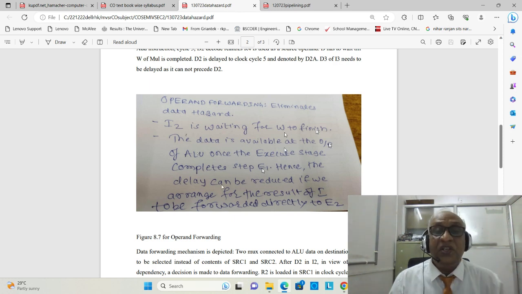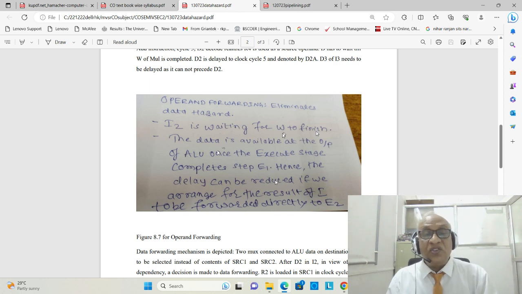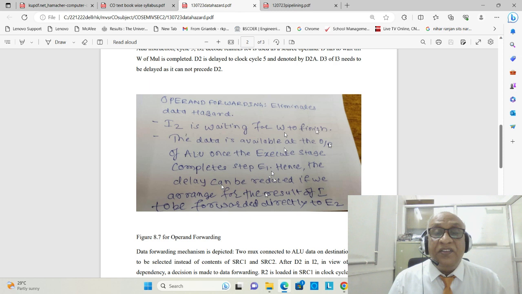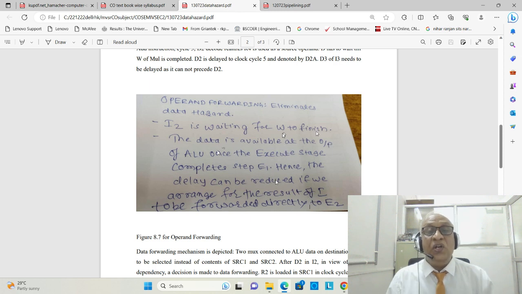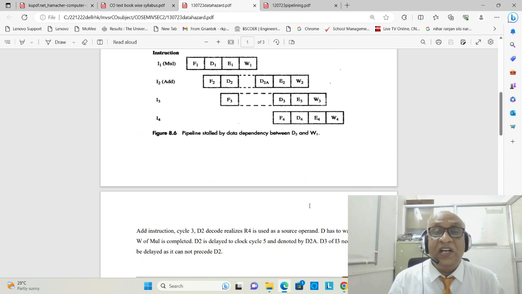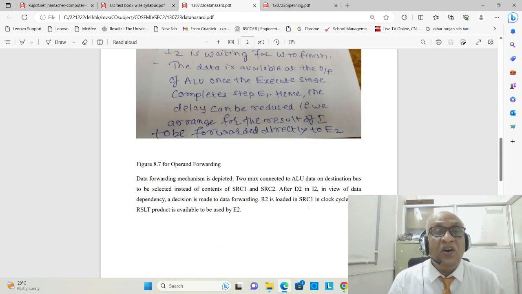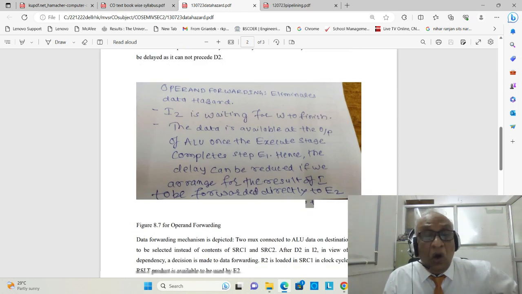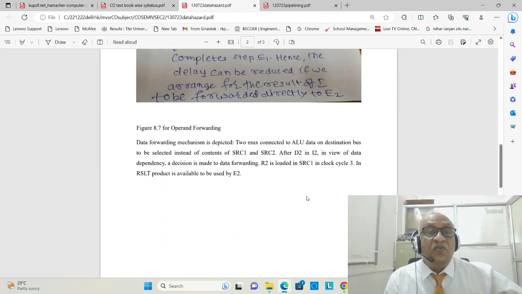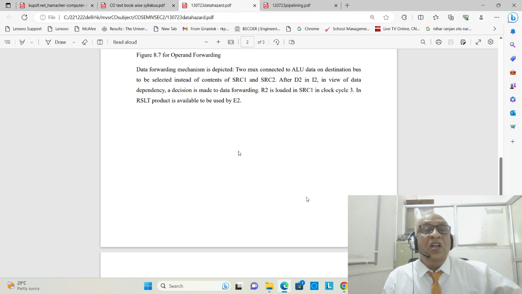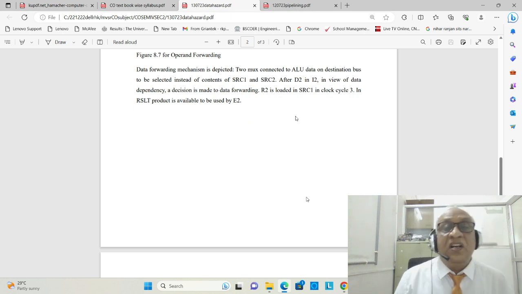Once the execute stage completes E1, this delay can be reduced, and this result of I1 can be forwarded directly to E2. So that's the meaning of operand forwarding.